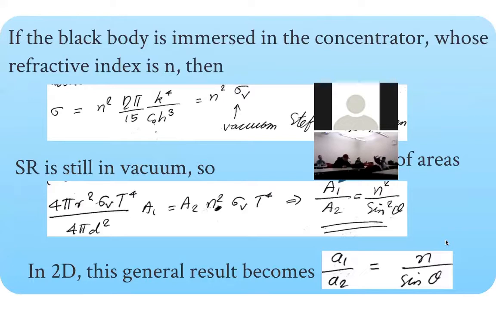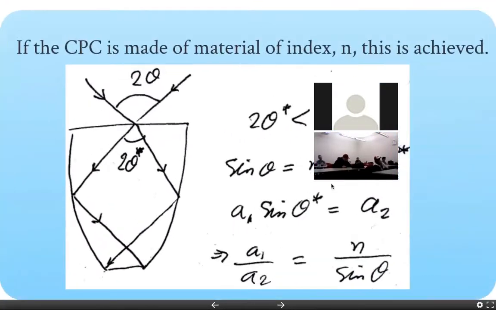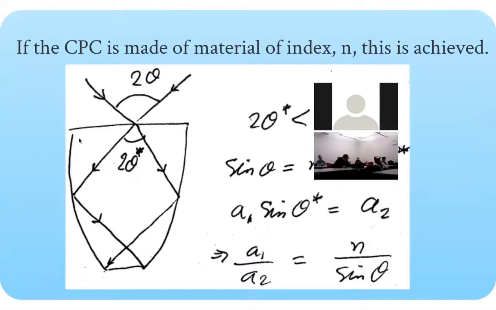Now, these are just equations, which are important, but how do you think about this conceptually? It's actually quite simple. The picture is here. So imagine your CPC. Let's take the CPC as an example. It doesn't need to be a CPC, it can be anything. Imagine you had a material of refractive index n filling the CPC, instead of air. Previously we talked about the CPC as being hollow, right?